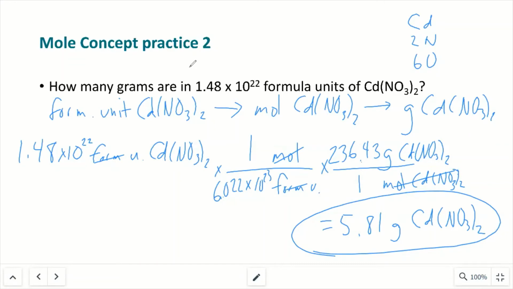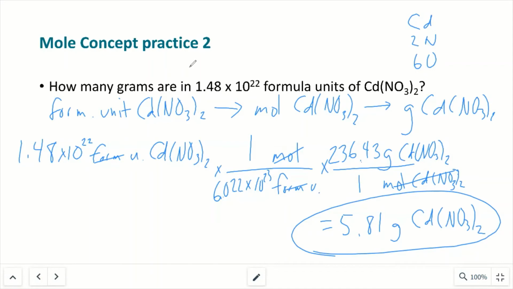So the most important tip I can give you with these kinds of problems is organization. Figure out where you are, where you need to go, and try to link them together using those conversions that we have. And the conversions that we have fall into one of 3 categories. It's either Avogadro's number, we're going from particles to moles or moles to particles, molar mass, going from grams to moles or moles to grams, and the chemical formula itself, if we're converting between compounds and elements or ions.